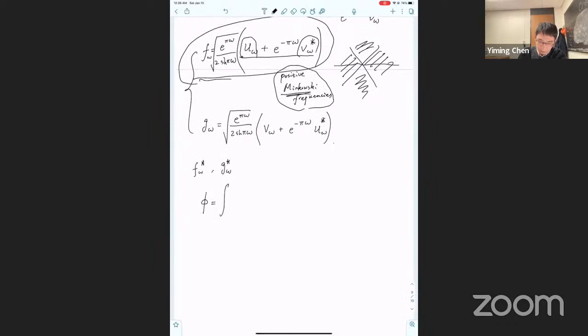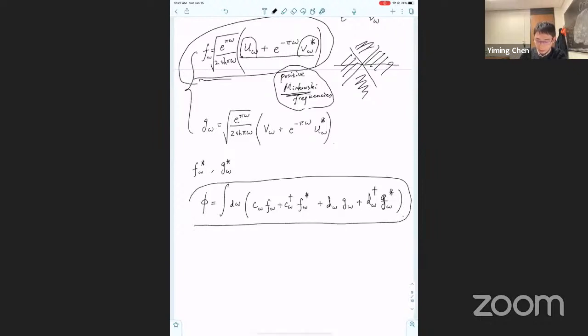And it has the form, let's just write it down: C omega times F omega plus C omega dagger times F omega star plus D omega times G omega plus D omega dagger times G omega star, okay? So this is the new mode expansion that we can write down.